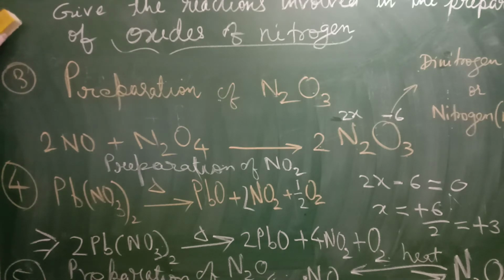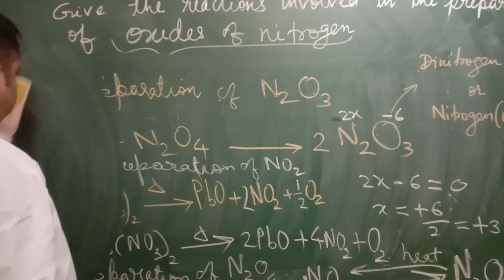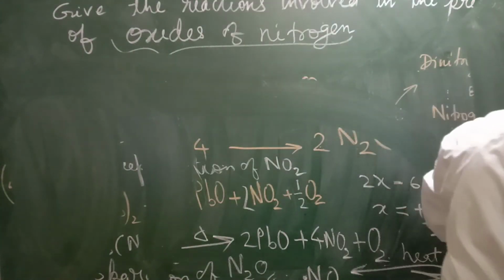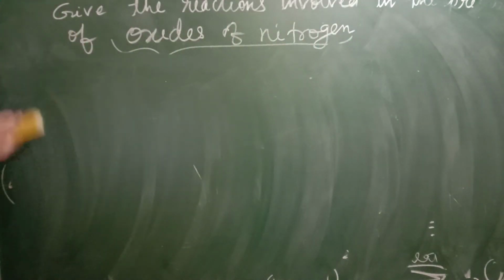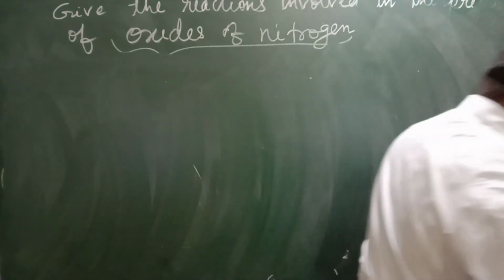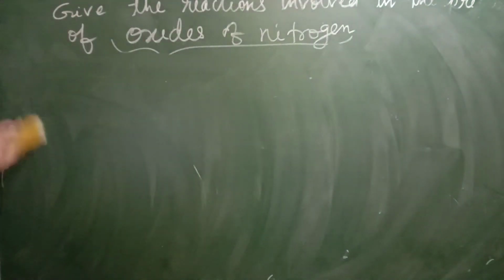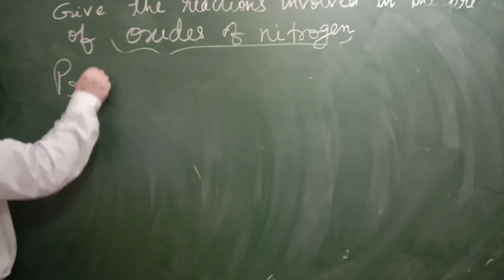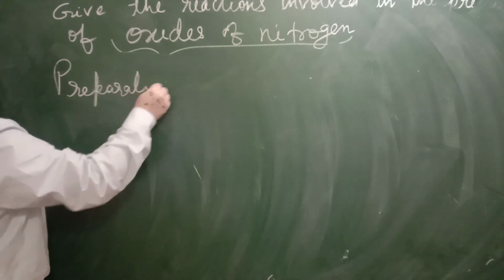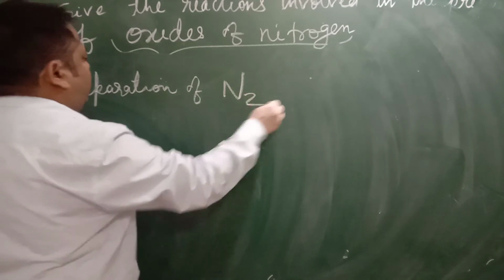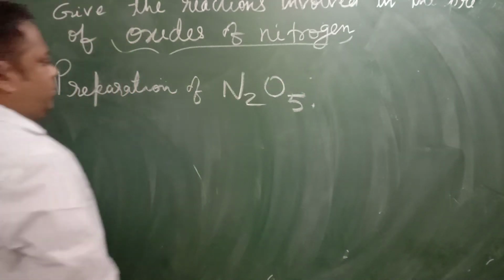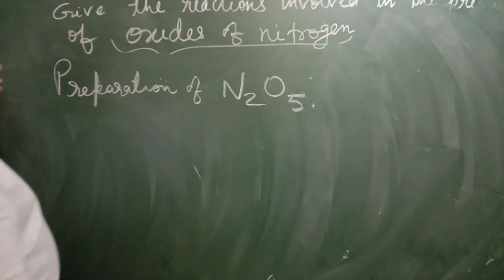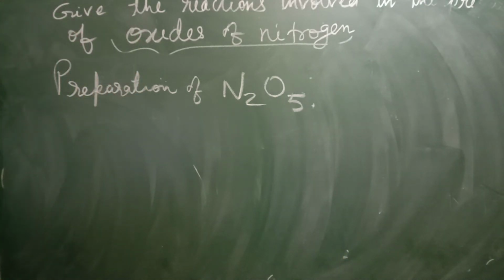Next we will see preparation of N2O5. So to prepare N2O5, remember use P2O5, but P2O5 is just P4O10.